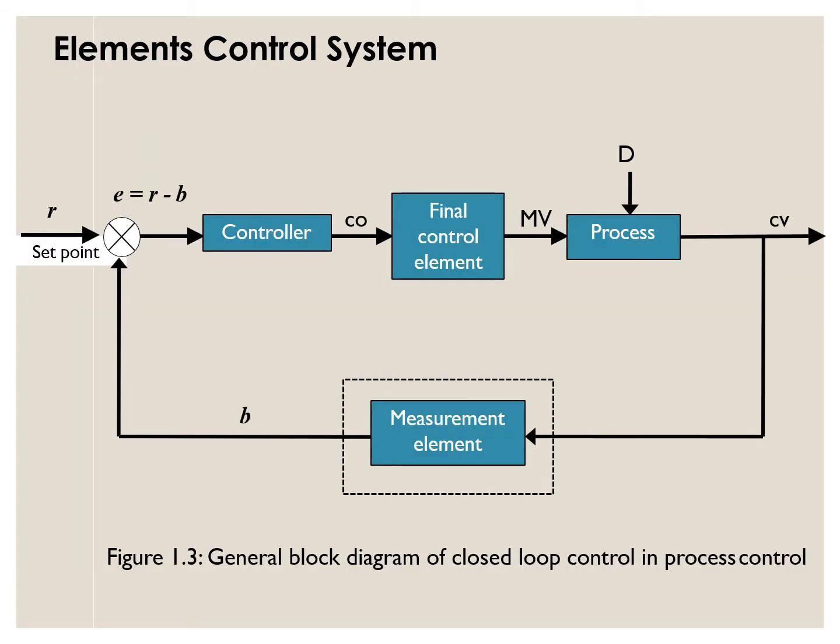Okay, now I cover elements of the control system. Basically this block diagram, like what I showed you in the previous video, is the closed loop system. We have the controller, the final control element, which we can say is a valve or actuator, the process, the measurement element, normally a sensor, and then the set point.